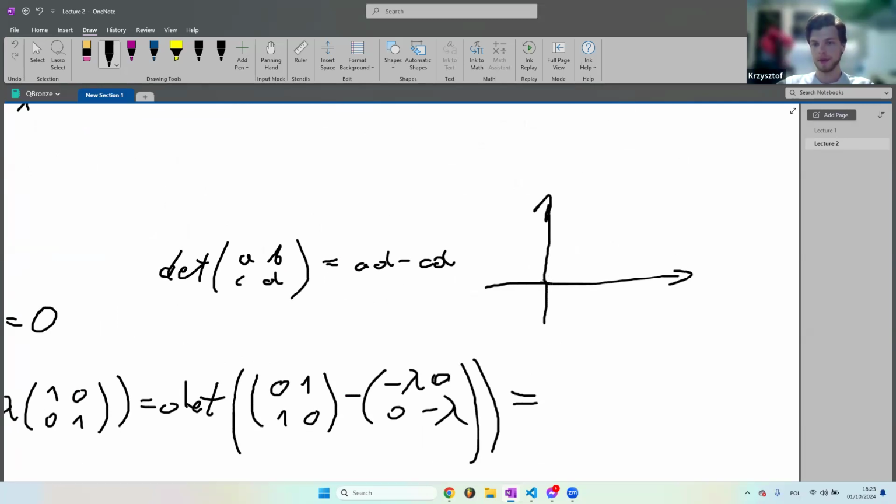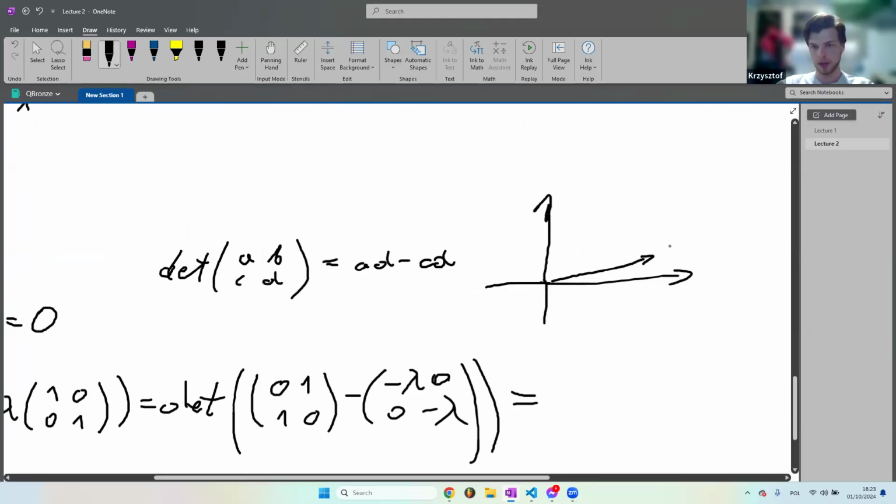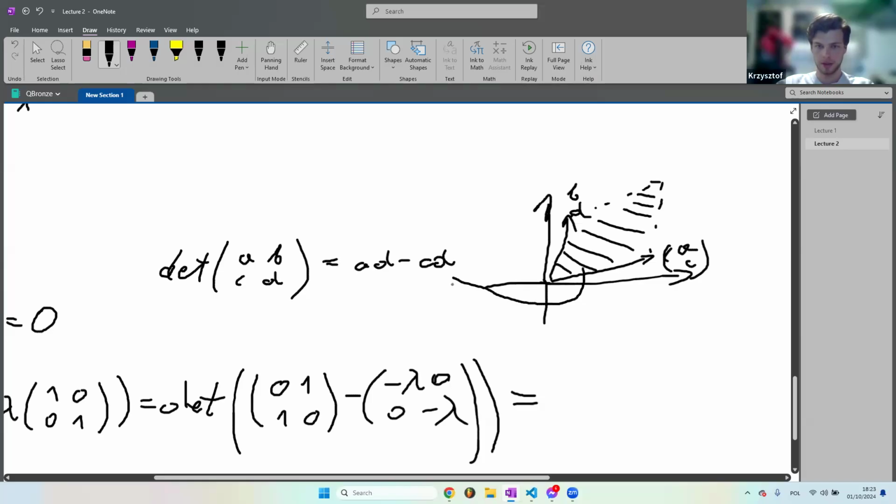If after a transformation one vector lands in A, C and the second vector lands in B, D, then the covered area should exactly match the value AD minus BC.